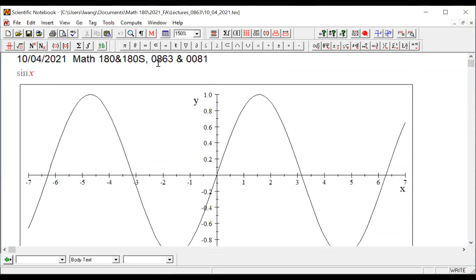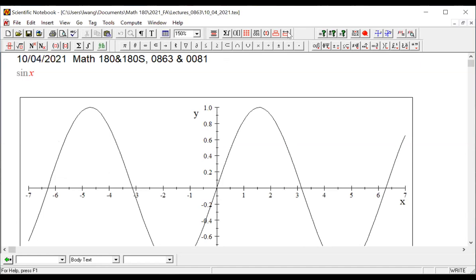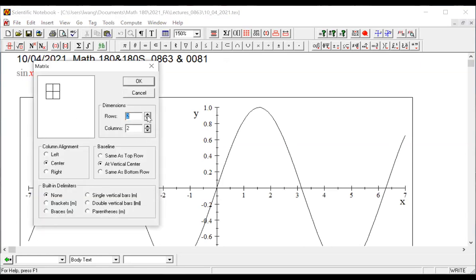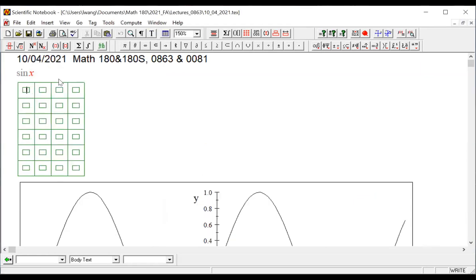But before we prove it, I want you guys to have some hands-on experience with it. Okay, so once again, this is the function.